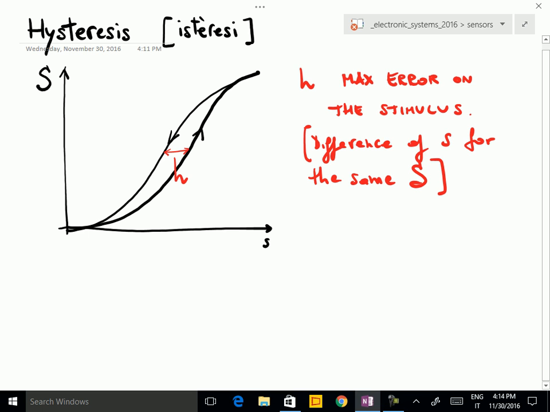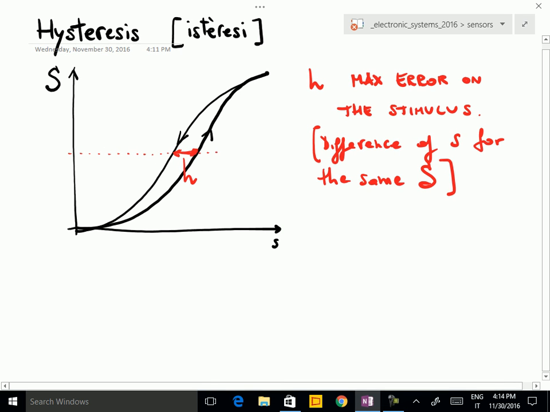Okay, so I have to take it in the horizontal direction, considering the same electric signal. So this is going to be S down, and this is going to be S up.